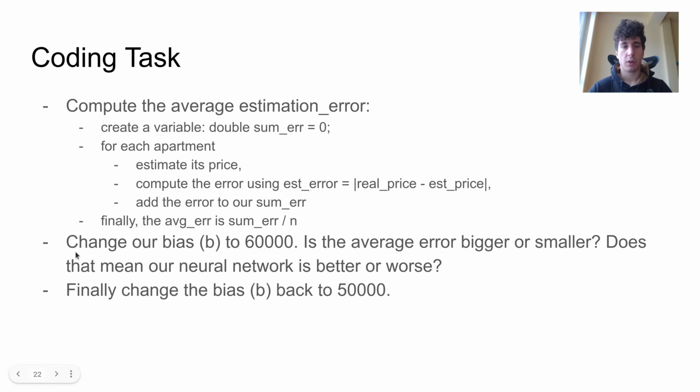After that, please change the bias to like 60,000. So we increased the bias. We make all the estimated prices higher. And the question is if our estimator is better or worse. So if the average error is bigger, it got worse. If it's smaller, it got better.